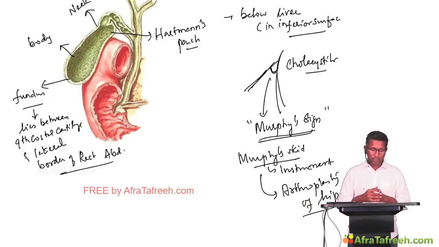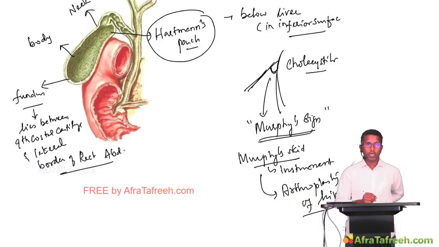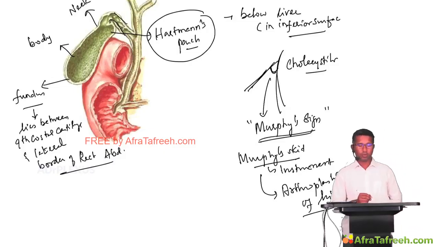When you see the neck of the gallbladder, you see this pouch, Hartmann's pouch, and from the neck the gallbladder leads into a duct. What is this duct called?